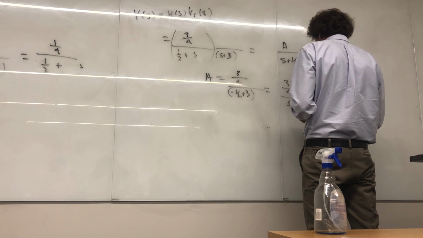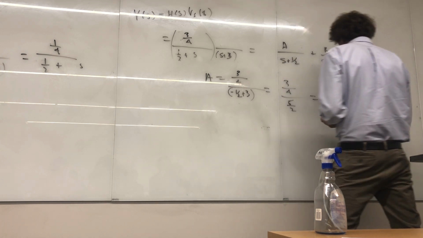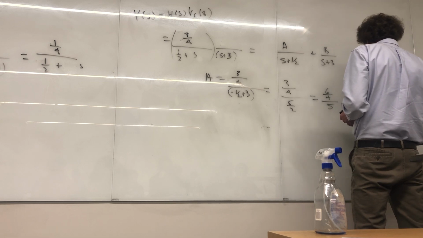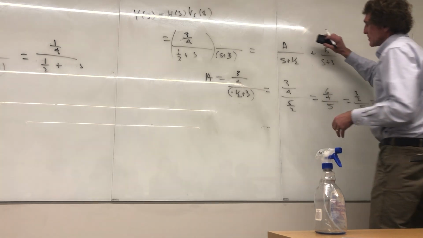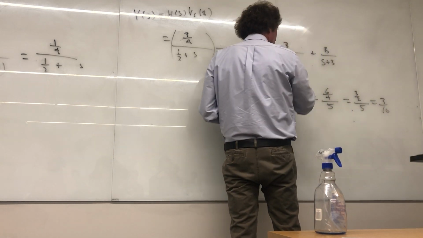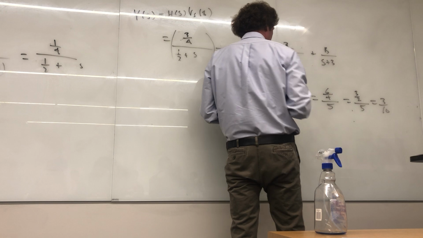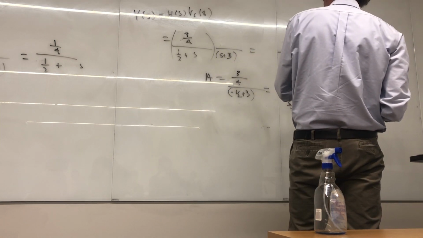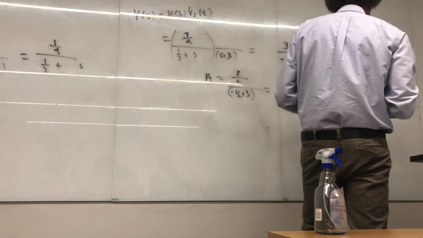That's 6/4 over 5, and that's 3/2 over 5. That's 3/10. I'll leave it as that. So A will be 3/10. Yeah, I believe that's right.